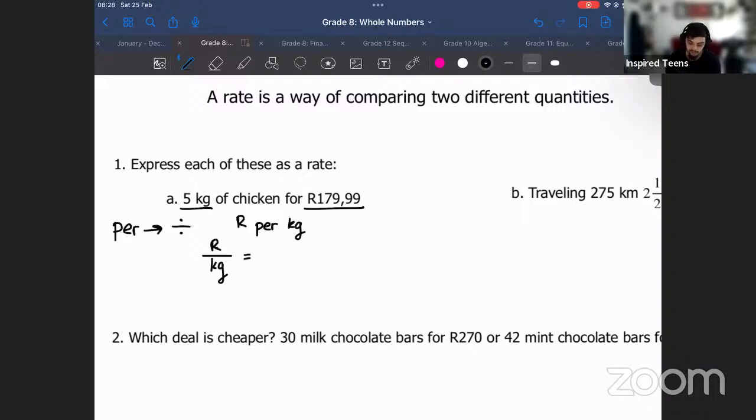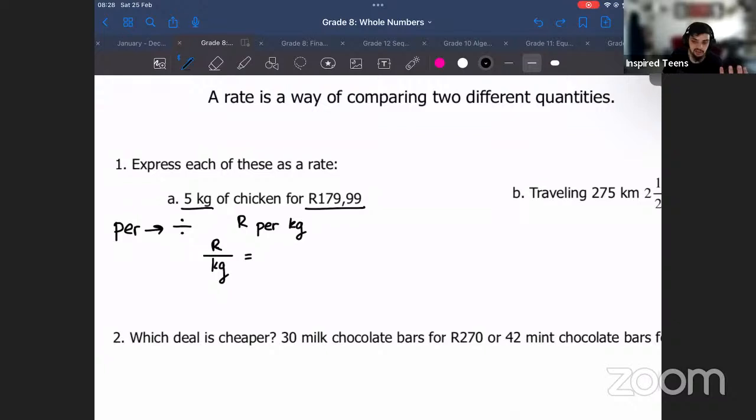Per refers to divide. That's why I've put the division line there. In this case, I have 179.99 rand, and I'm going to divide by 5. In this case, it's 5 kg because that's the price of 5 kgs, and this is going to give me the rate of chicken per kg.